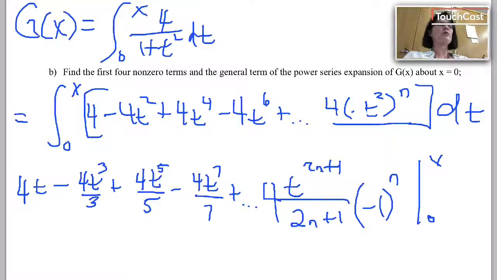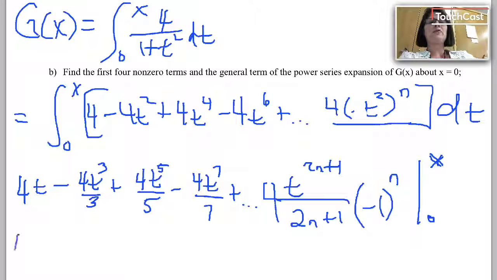And now I can do, essentially, capital F of b minus capital F of a. It's an x up top. But every one of these terms has a t multiplying, which means when I plug in 0, my F of a is going to be 0.